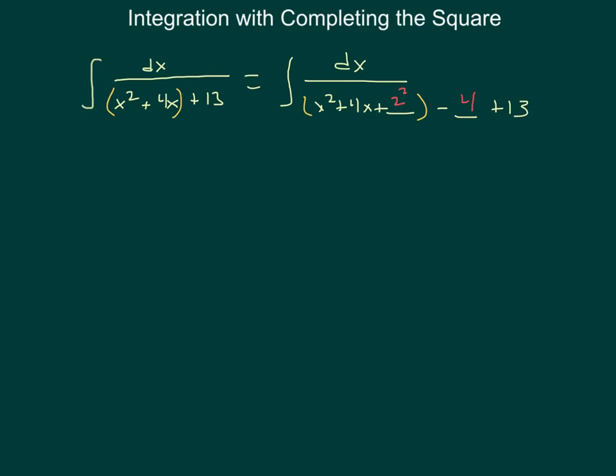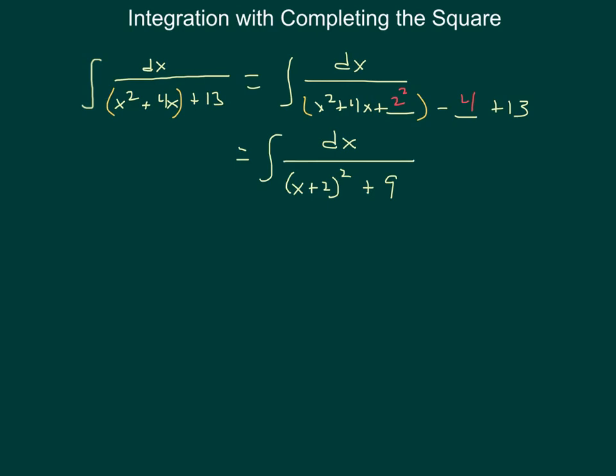So now, when I simplify this problem, that is going to become the integral of dx over... The reason we complete the square is how that's going to factor. That is going to factor as x plus 2, that quantity squared, and then minus 4 plus 13 is going to be plus 9.